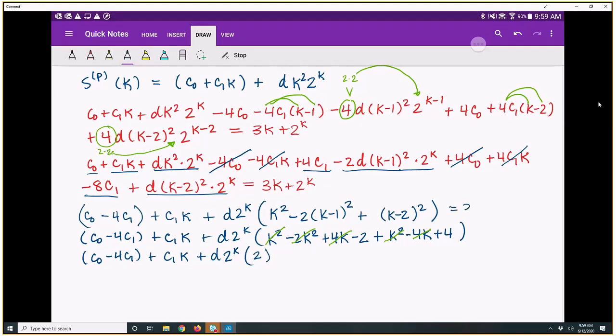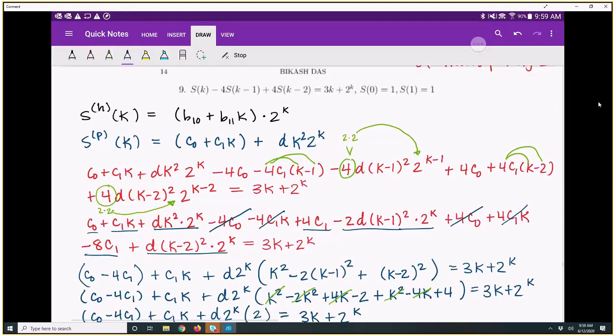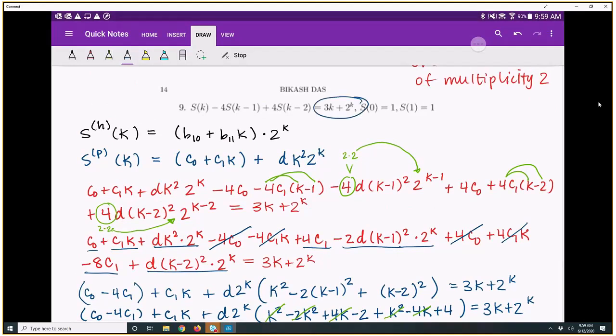So this is equal to 3 times k plus 2 to the power k. This is equal to 3 times k plus 2 to the power k. And this is equal to 3 times k plus 2 to the power k. And again, that's just this function from the right-hand side.